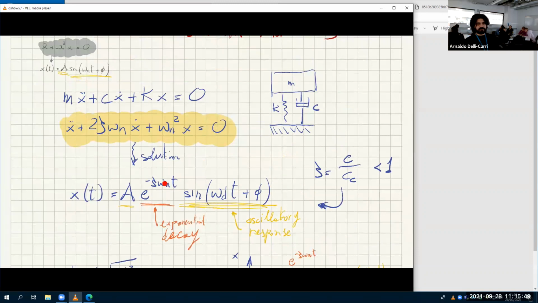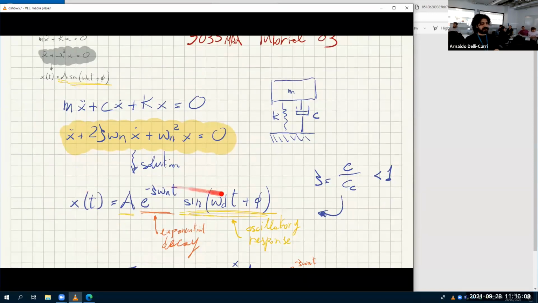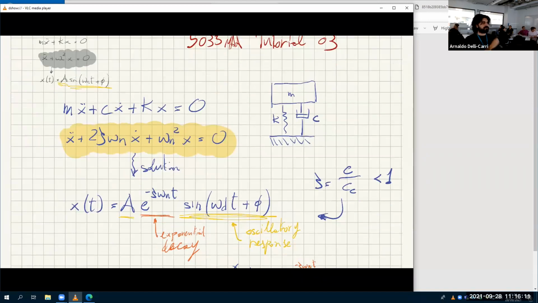Zeta times omega n becomes 0, e to the power of 0 is 1, and we are back to the original solution here. All right, so everything checks out. If you have no damping, this is still valid, and it becomes this. So this is just a particular case of the most general one, which is this one.